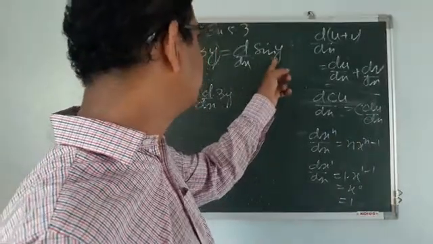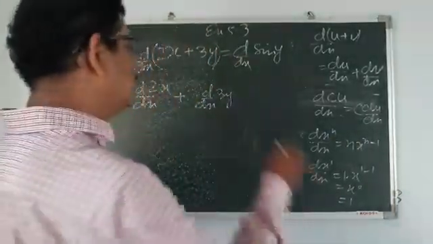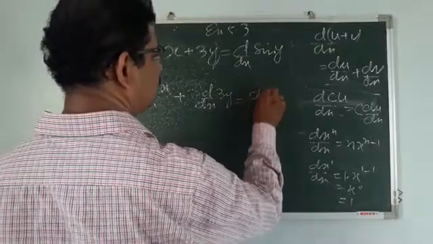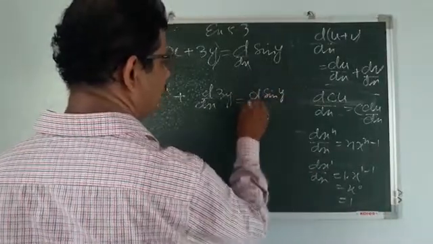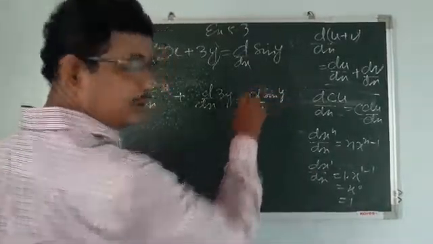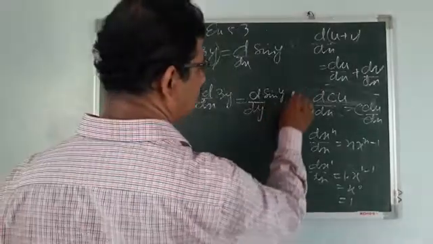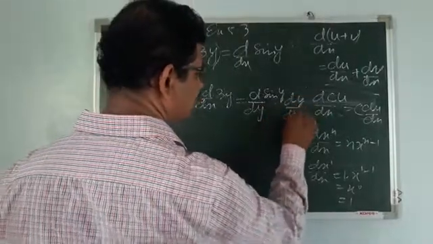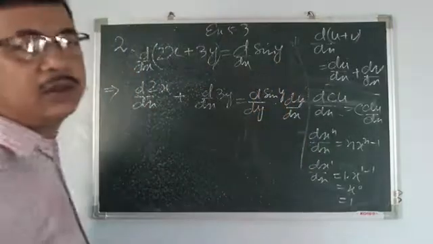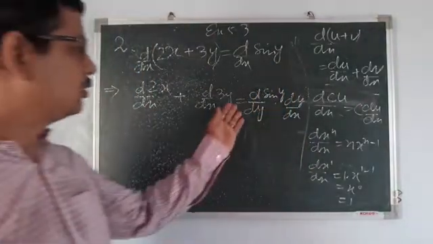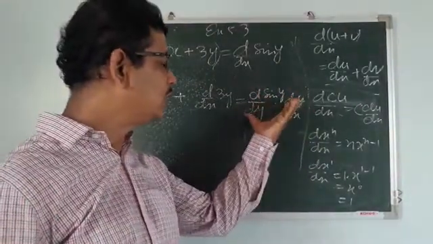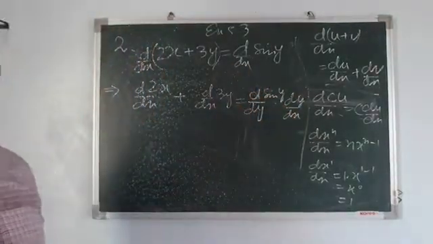Whatever here it is, that should be there also. So of course we have to use here chain rule. As it is y, you have to write here y. And to make it balance, we have to write dy/dx along with that.